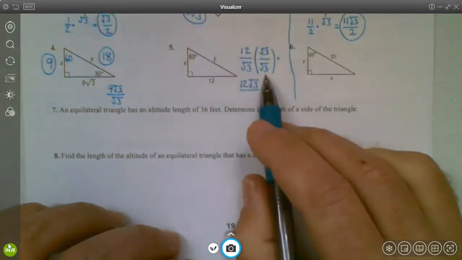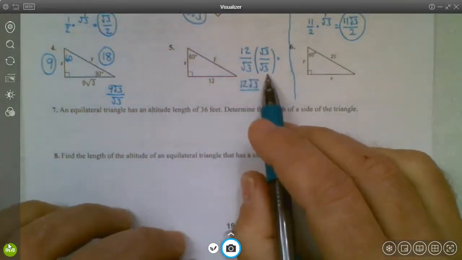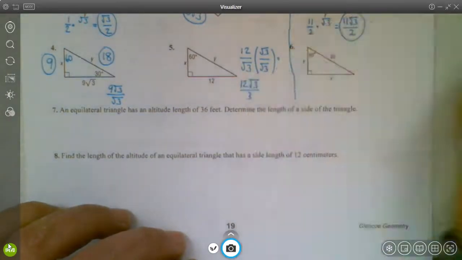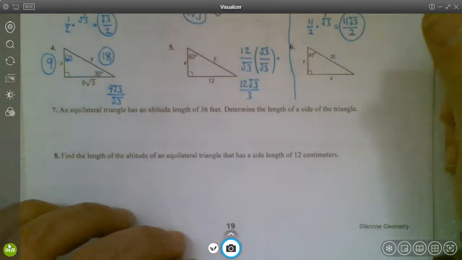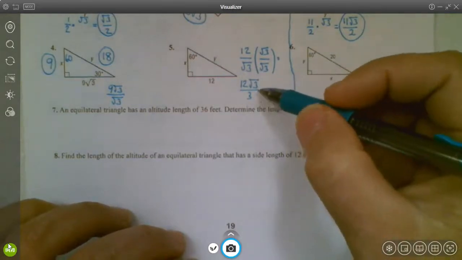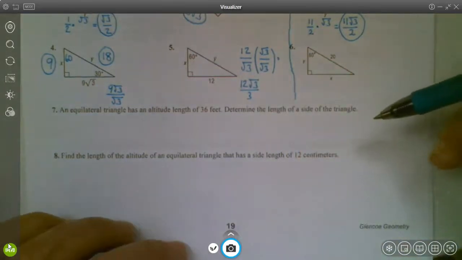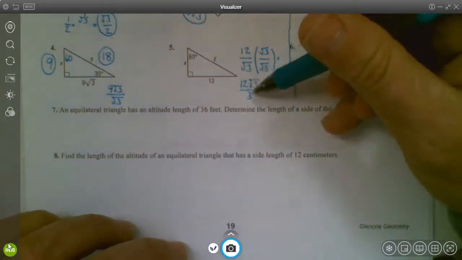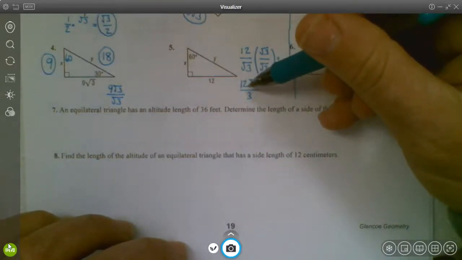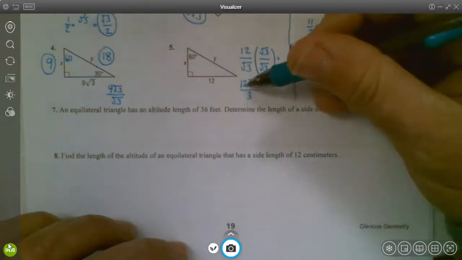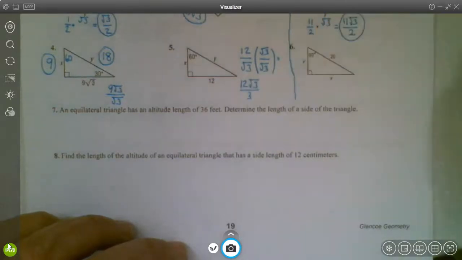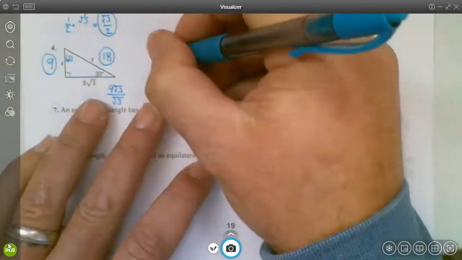If I did the square root of 3 times the square root of 3, I would get the square root of 9. Well, what's the square root of 9? Just 3. So I now no longer have a radical on bottom. That was my goal. Can we simplify it any further? We can, right? Because 3 goes into 12. So if I reduce right here, it just becomes 4 root 3.